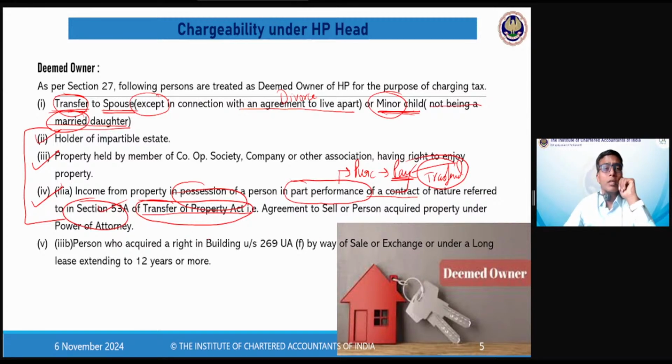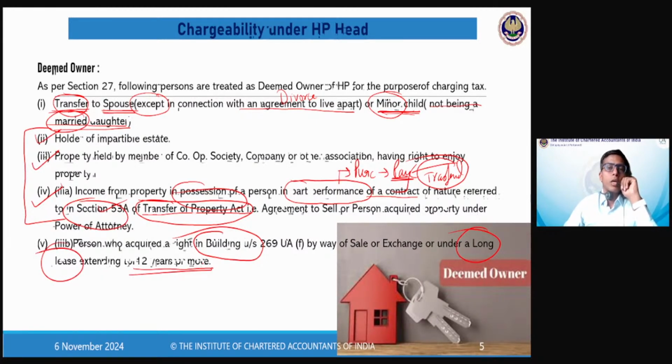And the last scenario under this is where you are holding a building. How are you holding a building? You are holding the building under a long lease. And what is this long lease period? 12 years or more. In short, where you have taken a building under lease, you have not purchased it, but the lease period is 12 years or more, the lawmaker says we presume that you are the owner of that building.